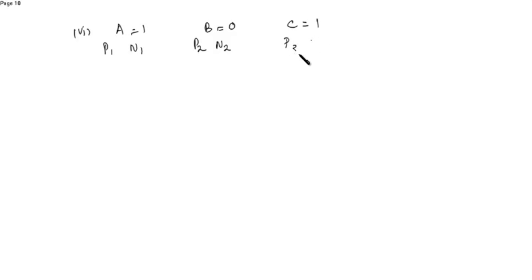This is P3, this is N3. When A is 1, N1 will turn on. When B is 0, P2 will turn on. When C is 1, then N3 will turn on. So P2, N1 and N3 will turn on. P1, P3 and N2 will turn off.